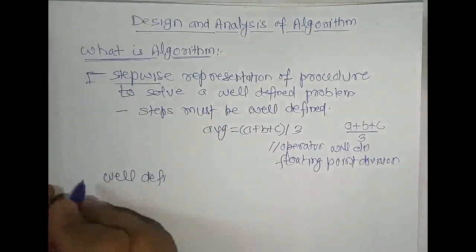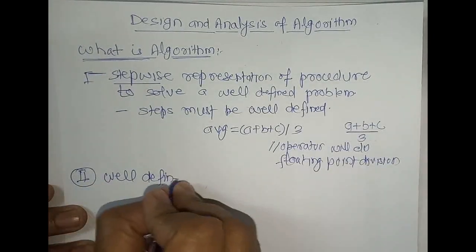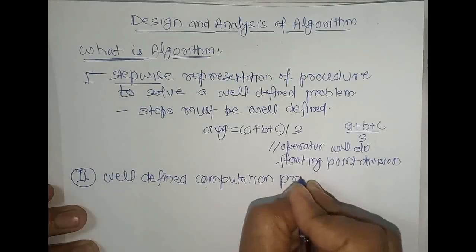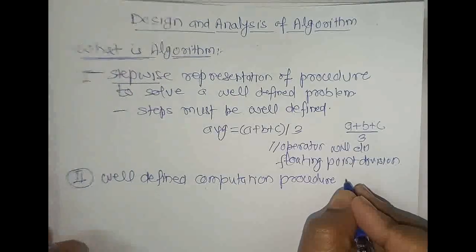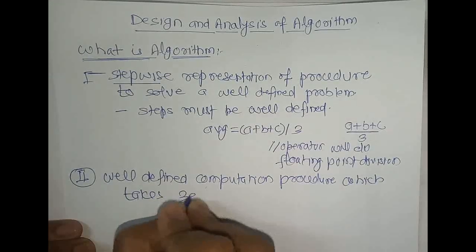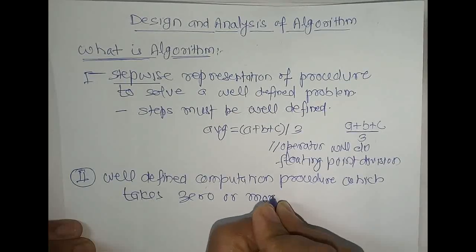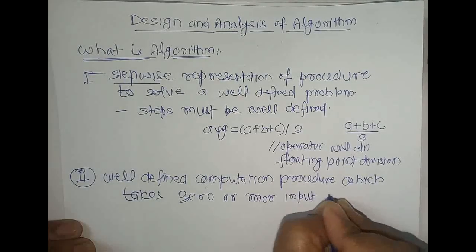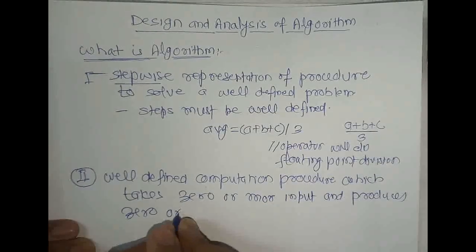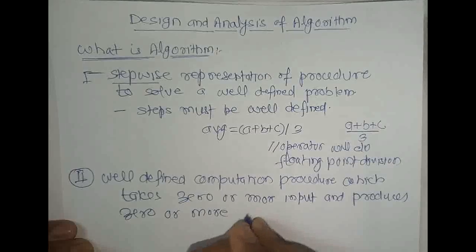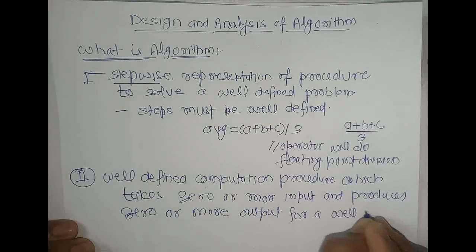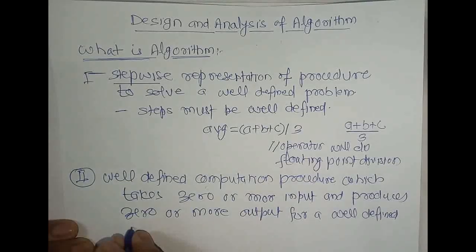This is the first definition, and the second definition we can write: a well defined computational procedure, which takes zero or more input and produces zero or more output for a well-defined problem.